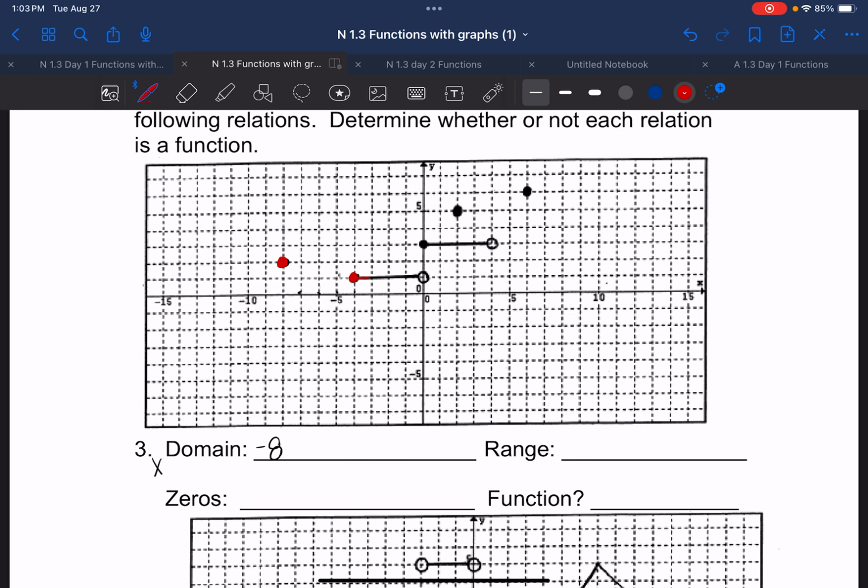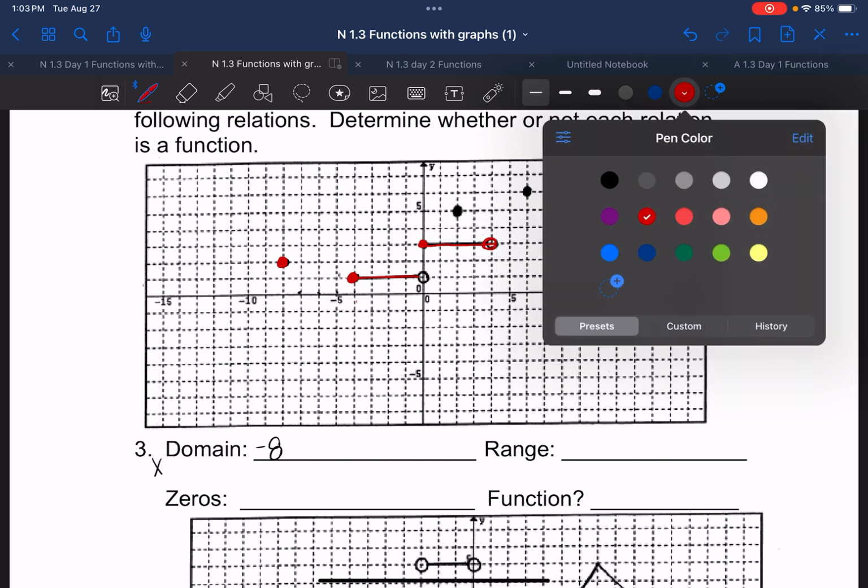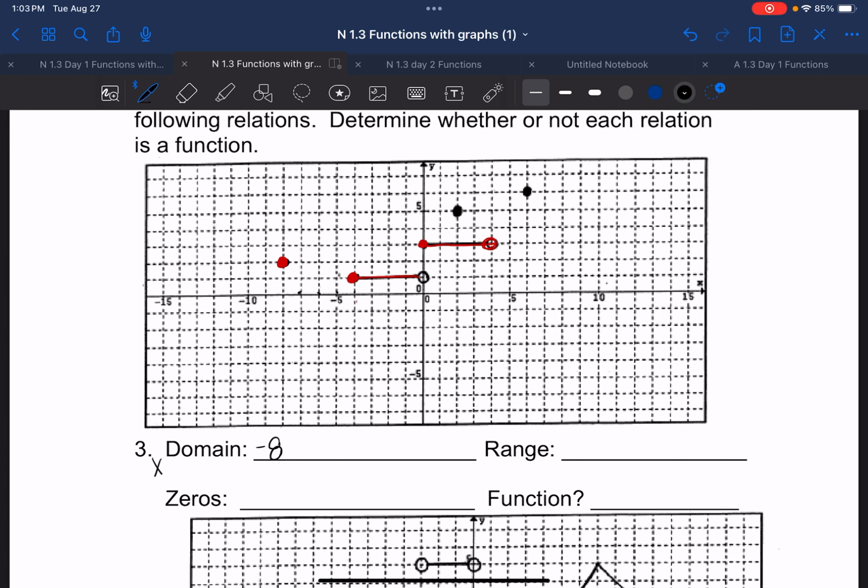And then that point continues to 0, stops at 0, but picks up right here and continues all the way to here. So it looks like we have something existing all the way from negative 4 over here, all the way to positive 4 over here.